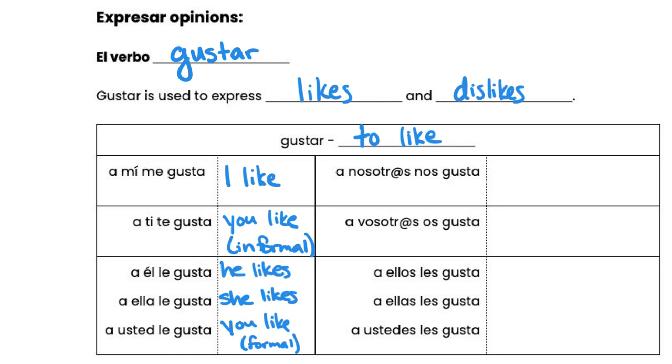Then on the right side, the plural forms, we have a nosotros nos gusta, which is we like. A vosotros os gusta is y'all like, and this one is only used in Spain.